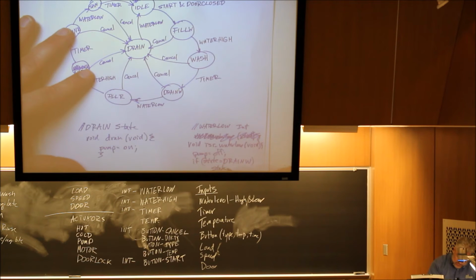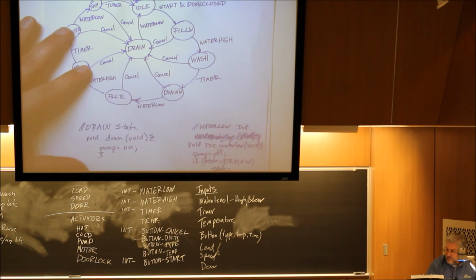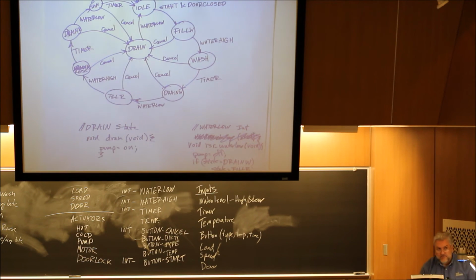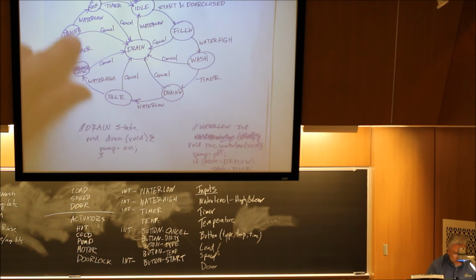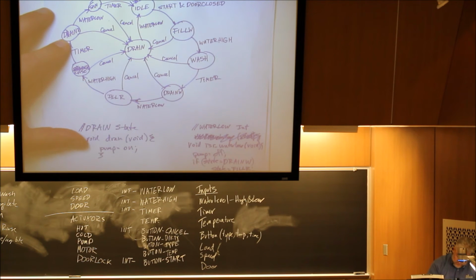Then we're going to set state equal to fill R, correct? Else if state is equal to fill R, then the new state is going to be equal to spin, right?